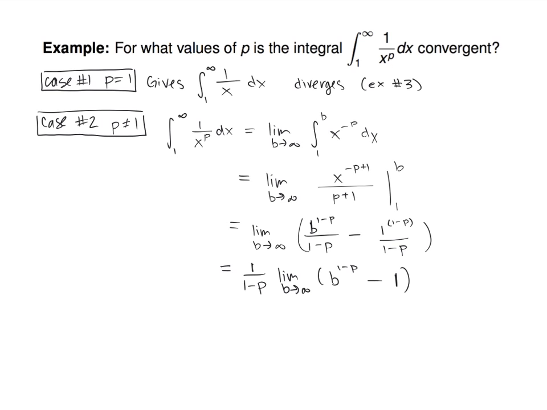Now the part that's going to determine convergence or divergence is the b to the 1 minus p bit. If that thing goes to 0, we're going to have convergence. If that thing goes to infinity, we're going to have divergence. So here's the first thing we're going to look at. If your p is bigger than 1, then 0 is bigger than 1 minus p, i.e. 1 minus p is a negative number.